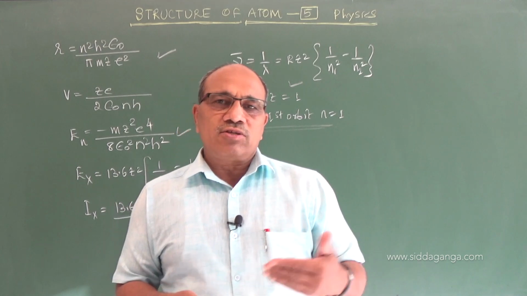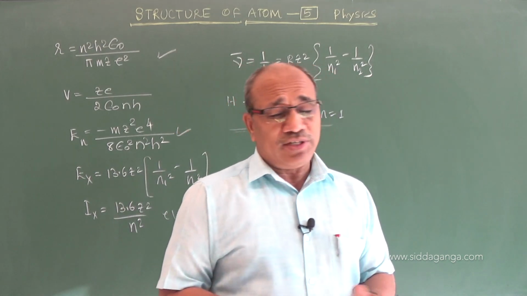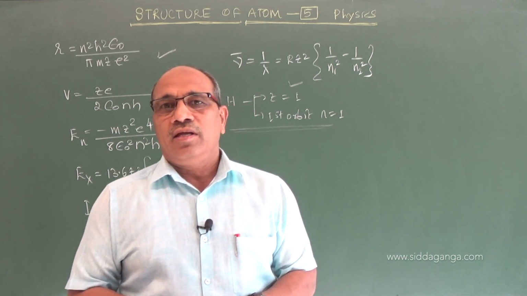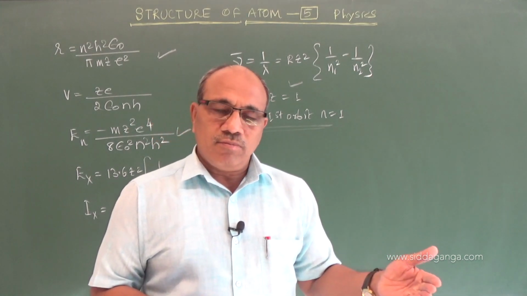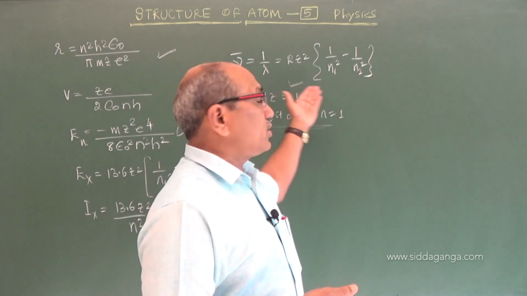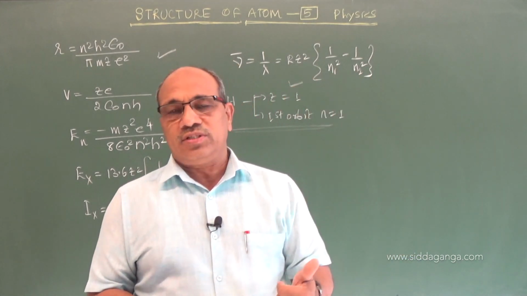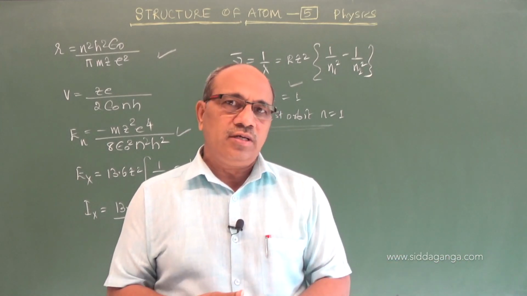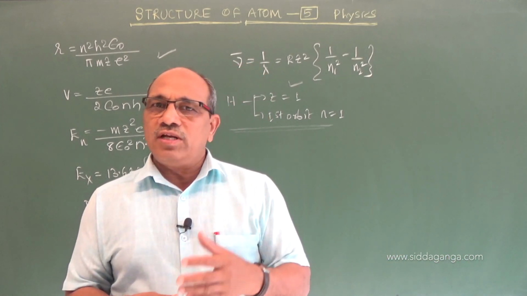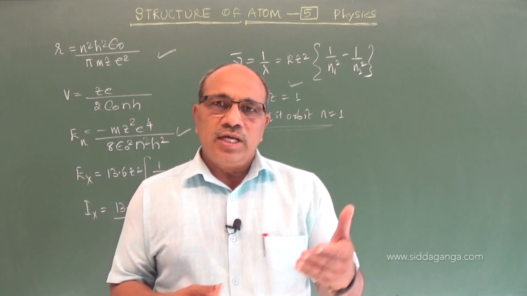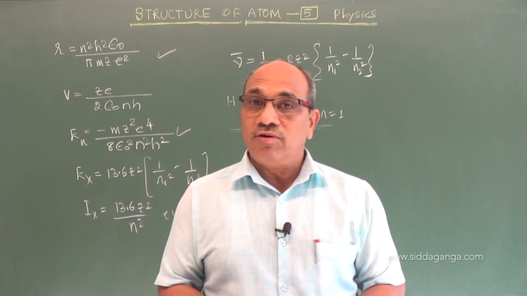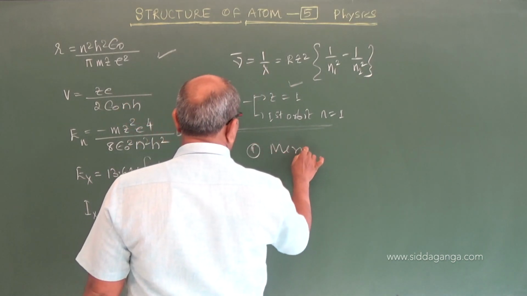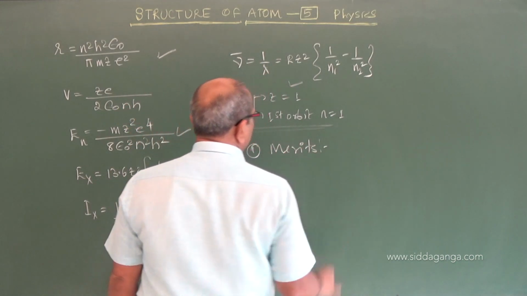When we see the spectral lines obtained by Bohr using this relation, that is the H alpha, H beta, H gamma and H delta lines, they are found to be in very good agreement with the experimental values. Now I am talking about the merits of this theory. What are the merits of Bohr's theory?